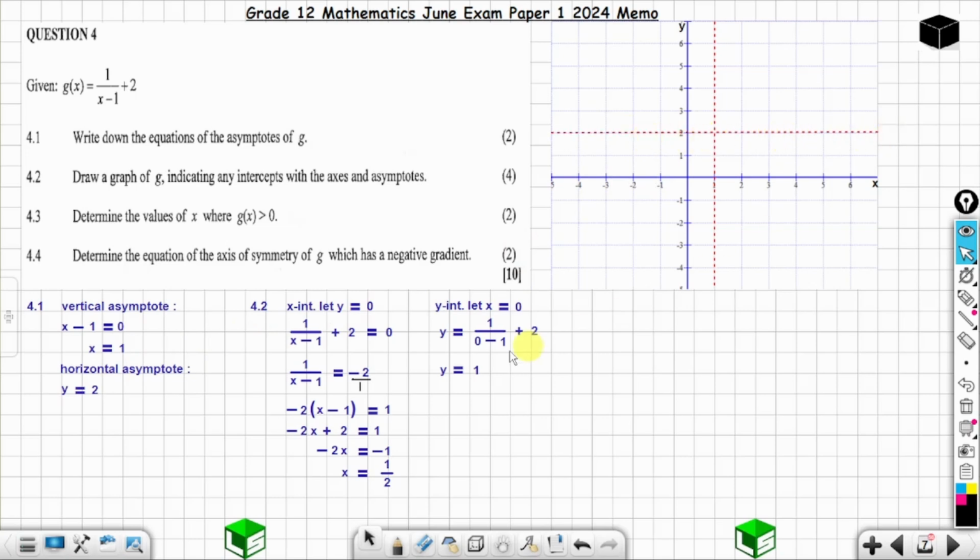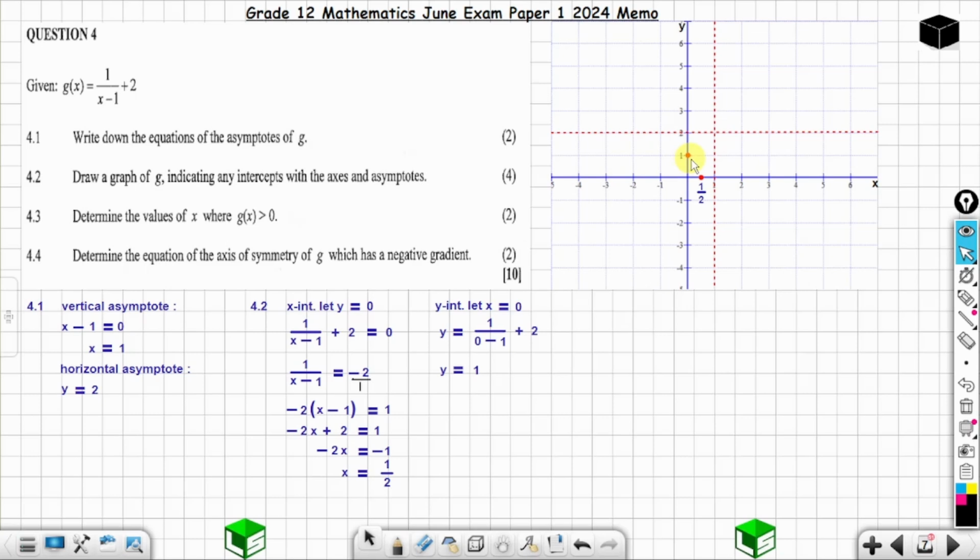Now you have your x-intercept at x is equal to 0.5 on the x-axis, between 0 and 1. And you have the y-intercept at 1 there.